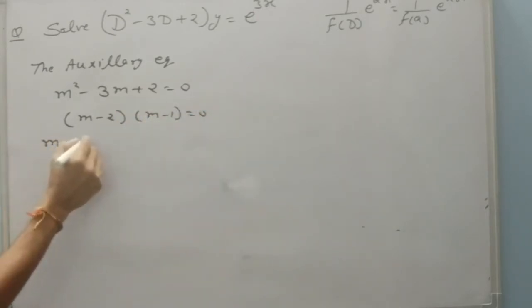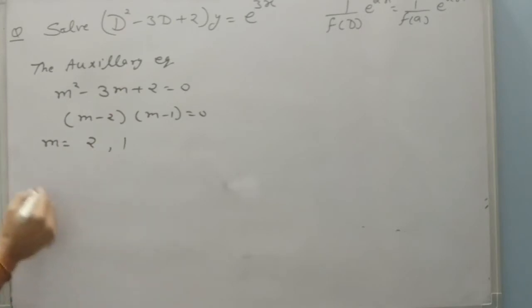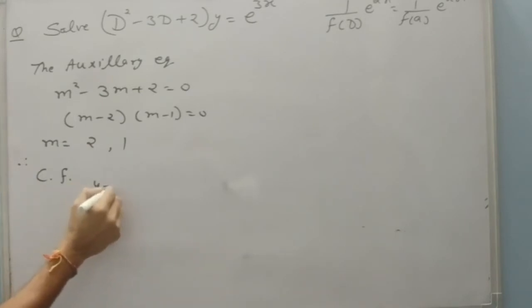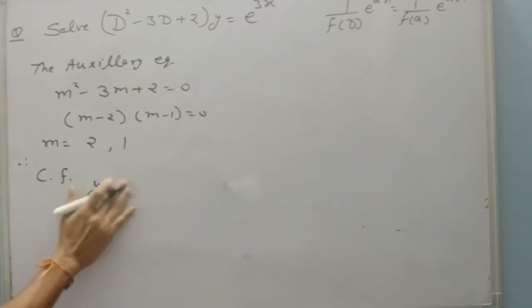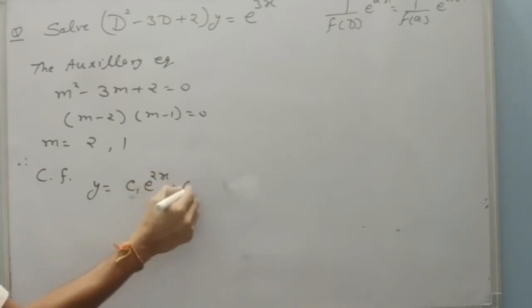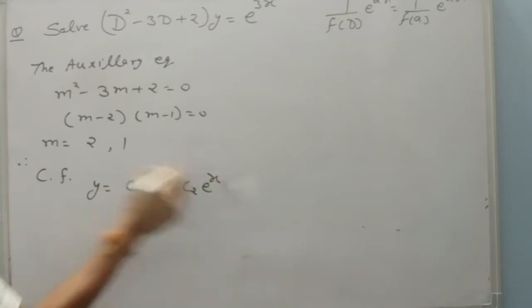So (m minus 2)(m minus 1) equals 0, so m equals 2 and 1. Therefore, the complementary function is y equals c1 e to the power 2x plus c2 e to the power x.